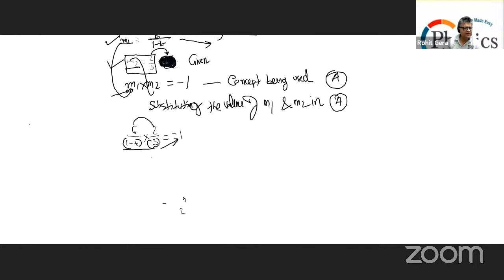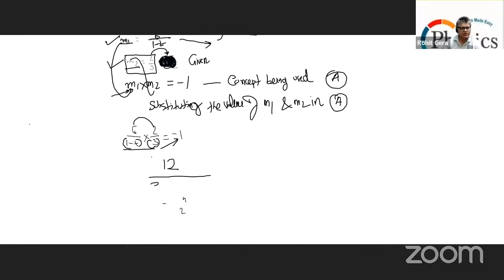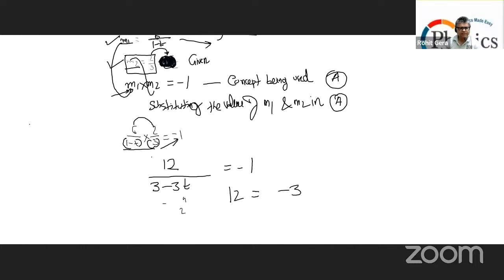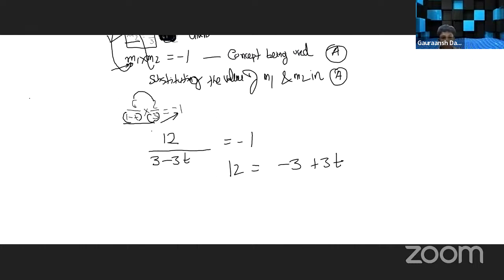This is what you have done: 12 divided by 3 minus 3t is equal to -1. 12 is equal to -3 cross multiply plus 3t. So 12 minus 3 is equal to 3t.